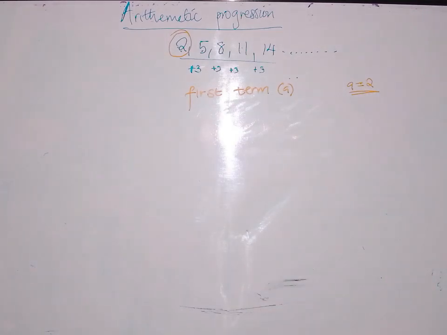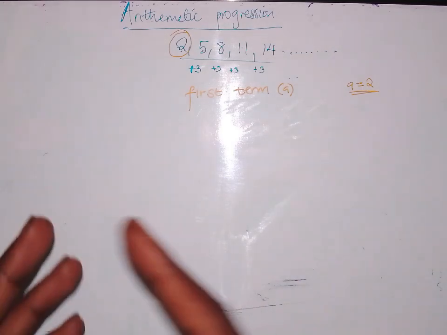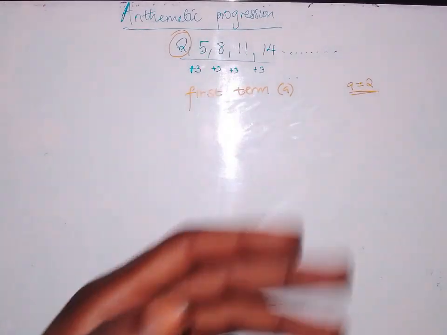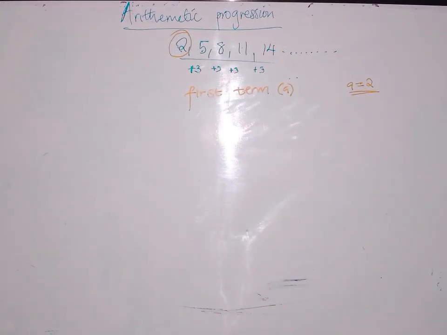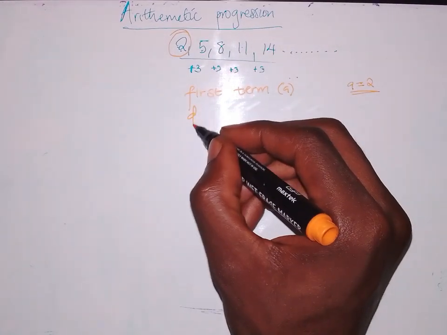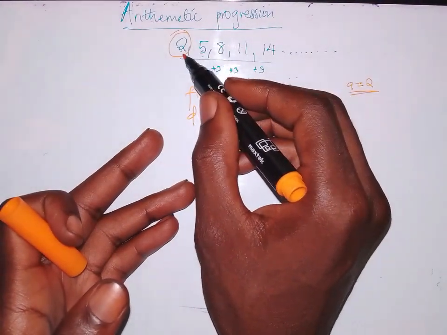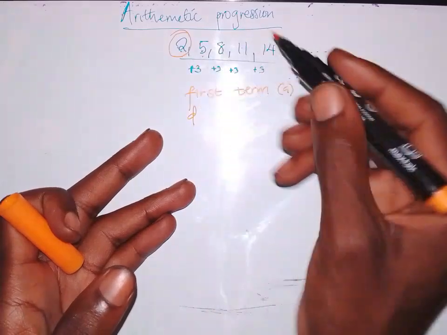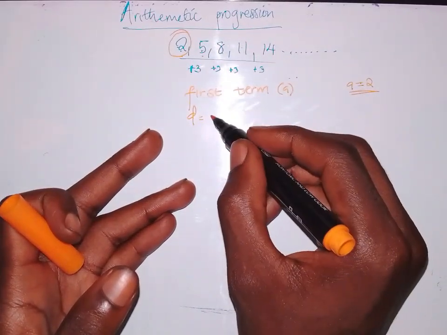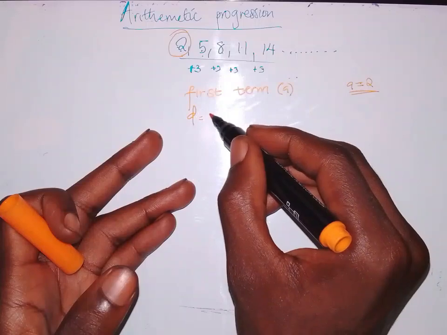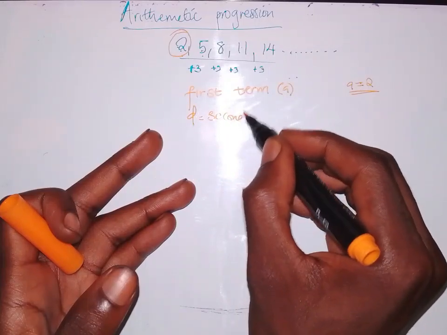Then the next thing is you have to identify the common difference. What is the difference between the terms? You can find that by subtracting the second term minus the first term.